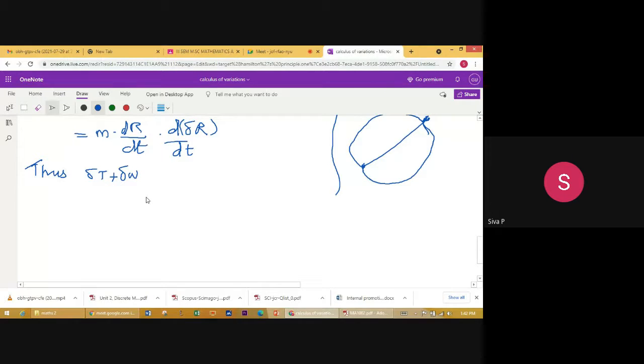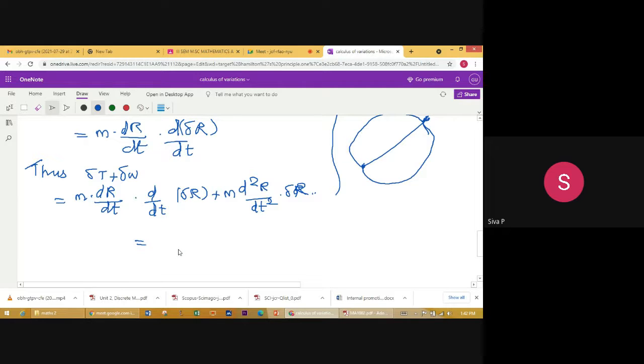So delta T plus delta W is equal to M dr by dt into d by dt of delta r plus M d square r by dt square into delta r.